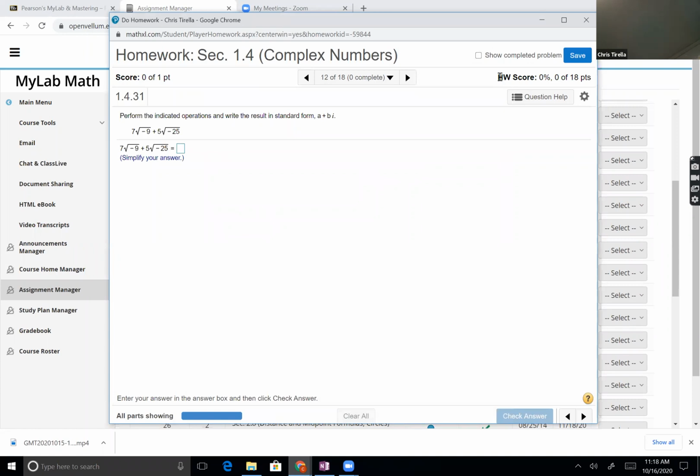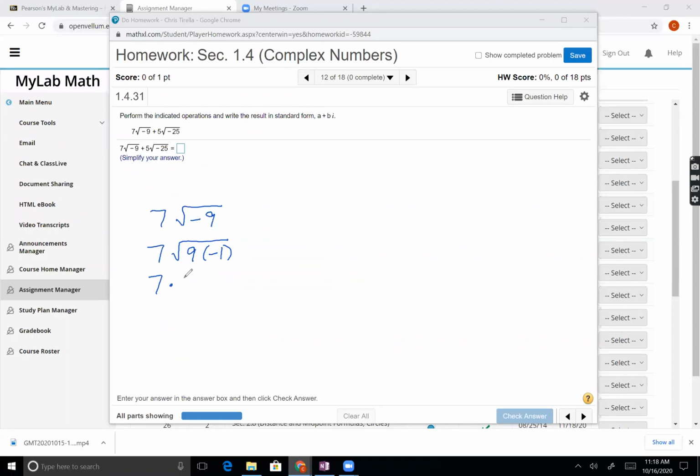Number 12, you're supposed to put them in terms of i first. So let's see, we've got 7 times the square root of -9. That's 7 times the square root of 9 times -1. So that's 7 times, what's the square root of 9? 3.